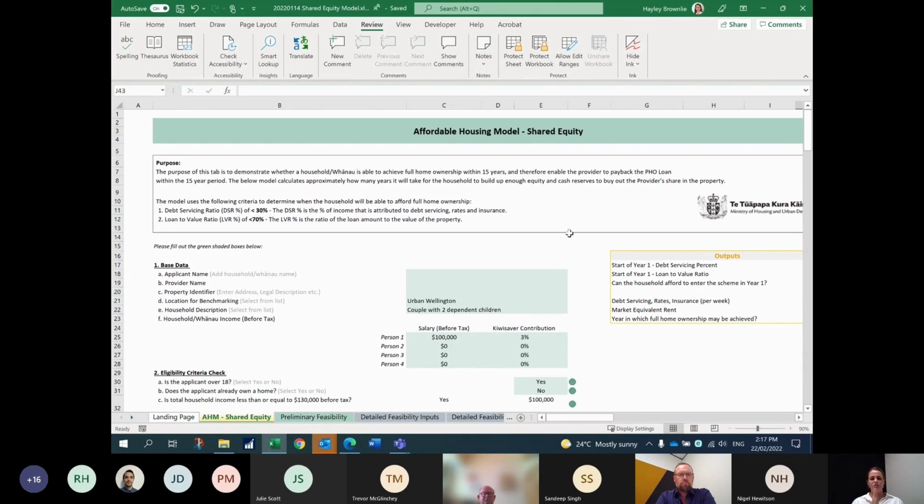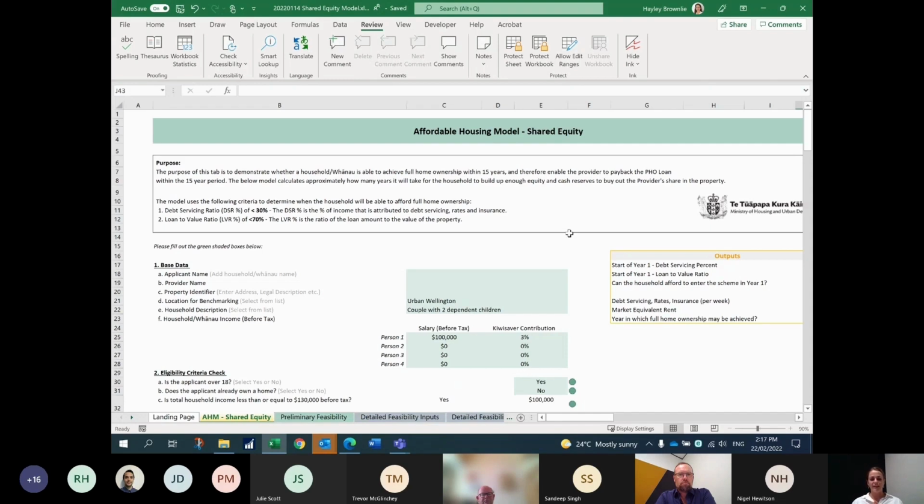So this page here, the purpose of it is to demonstrate whether a household is able to achieve full home ownership within 15 years. And that's important because if the household can afford to buy the total property out, then the provider can afford to repay the PHO loan to MHUD.